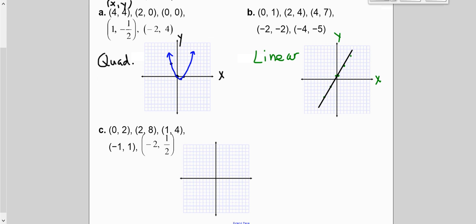Graph your points. 0, 2, so 0 left and right, up 2, 2, 8, so go over 2 and up 8. Keep graphing.